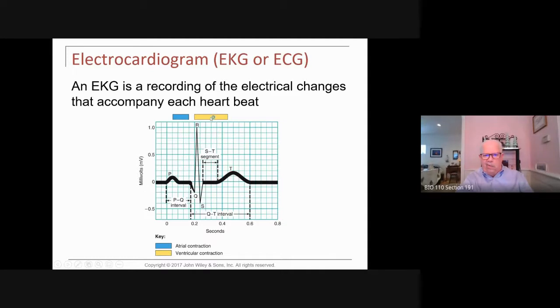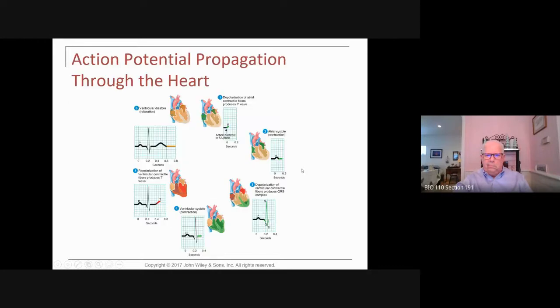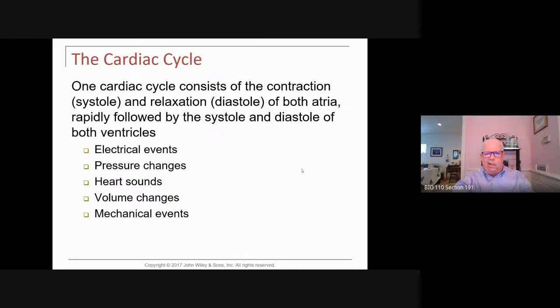The yellow is ventricular contraction. And we'll talk much more about P, Q, R, S, and T next week. Okay? You don't have to know this, it's way too confusing. I'm going to simplify it next week.